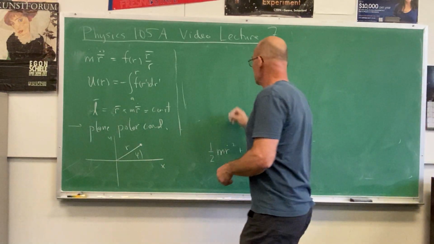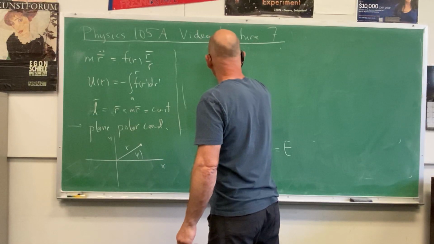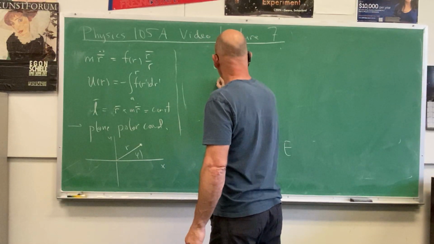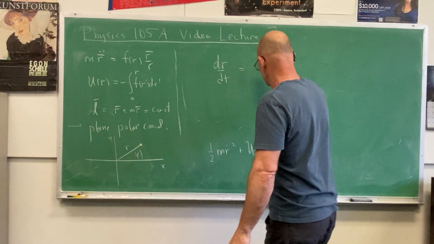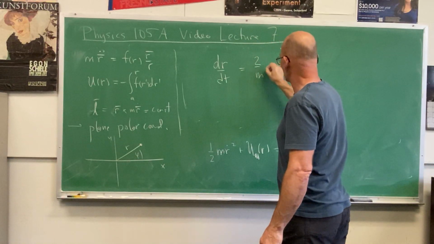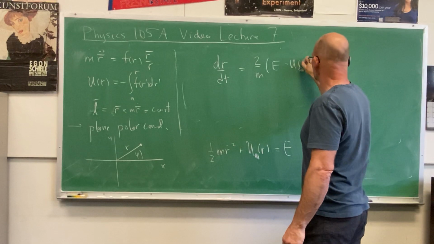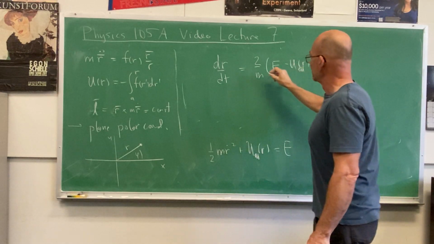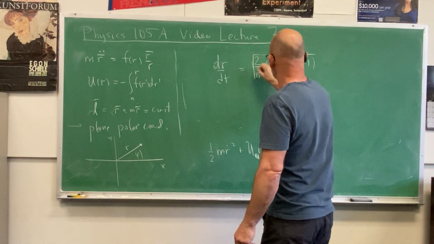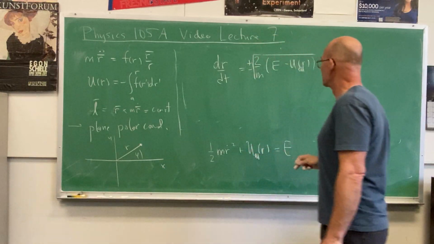And we've done this before, so we've got dr/dt equal to plus or minus the square root of 2/m (E minus u effective of r).